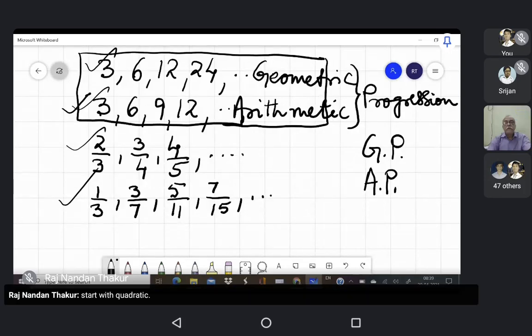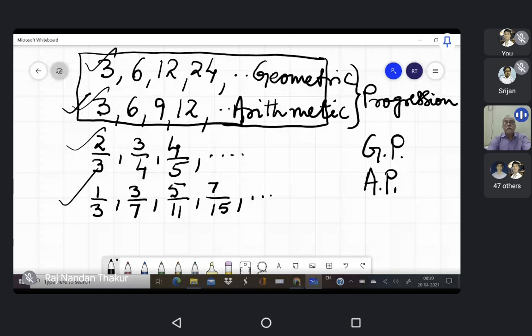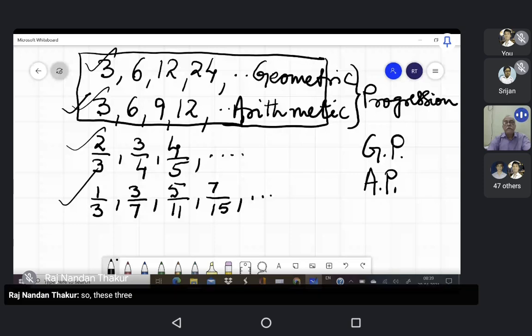Start with quadratic and then AP followed by GP. These chapters they can start by themselves because they have enough prepared in class 10.